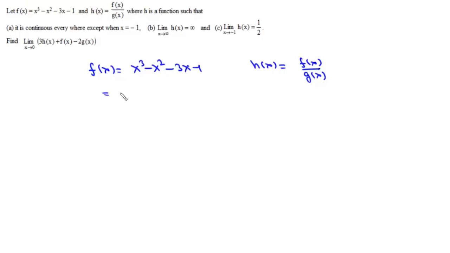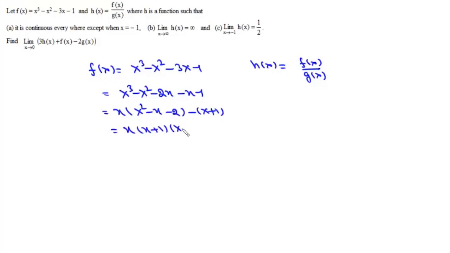What we will do is we will write this as x cube minus x square minus 2x minus x minus 1, and if we take x common, it will be x into x square minus x minus 2, and then minus x plus 1, which is x into x plus 1 into x minus 2, minus x plus 1, which will be x plus 1 into x square minus 2x minus 1. So that's our f(x).